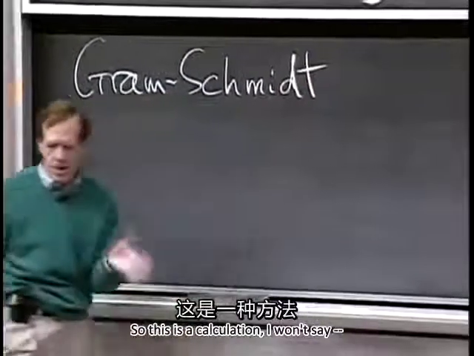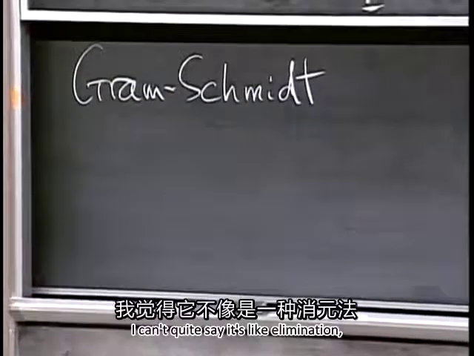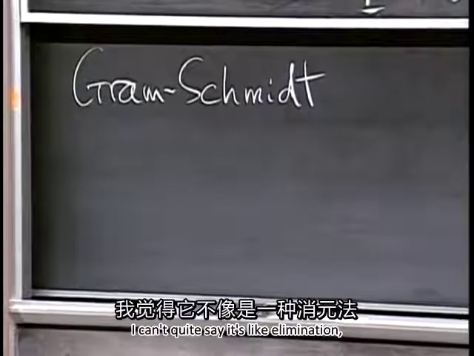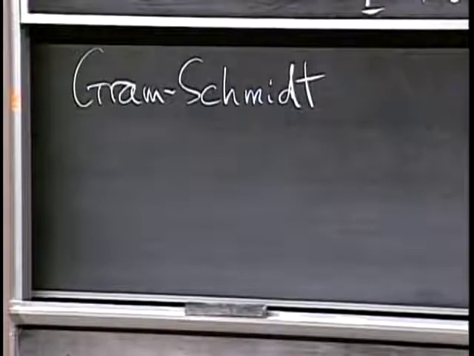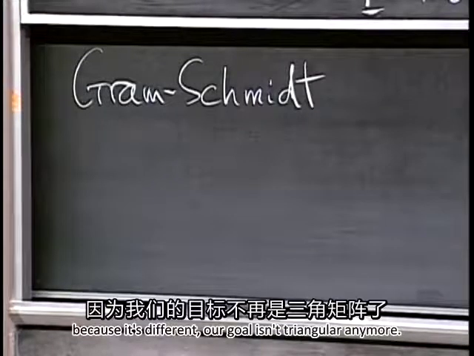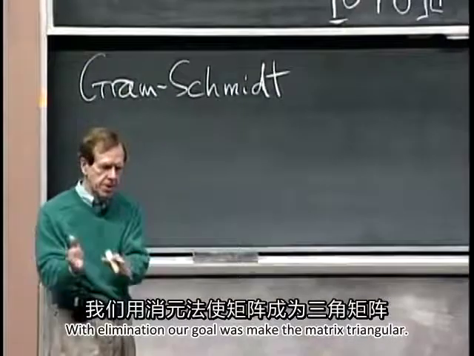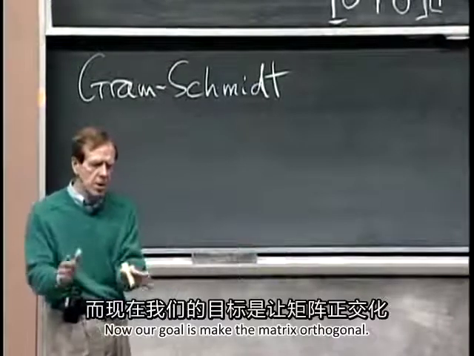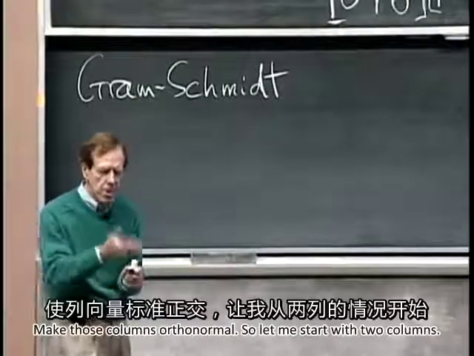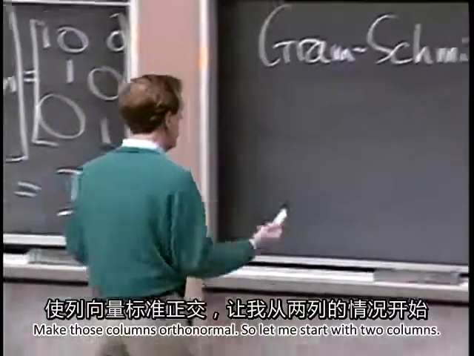So this is a calculation. I can't quite say it's like elimination, because it's different. Our goal isn't triangular anymore. With elimination, our goal was to make the matrix triangular. Now our goal is to make the matrix orthogonal. Make those columns orthonormal.